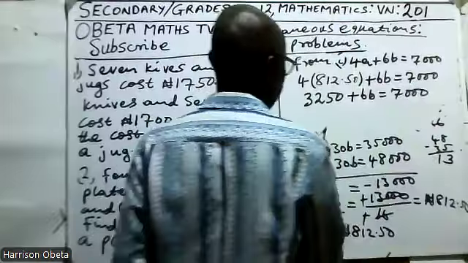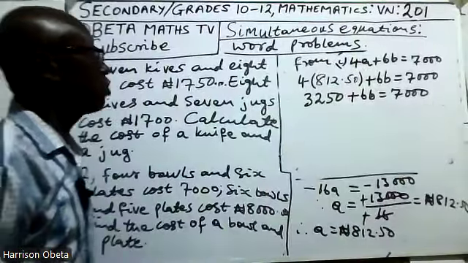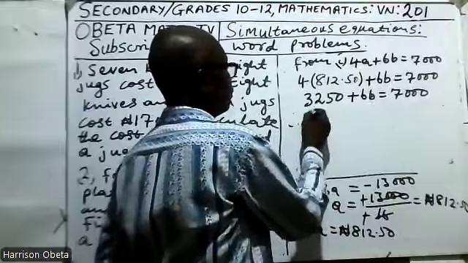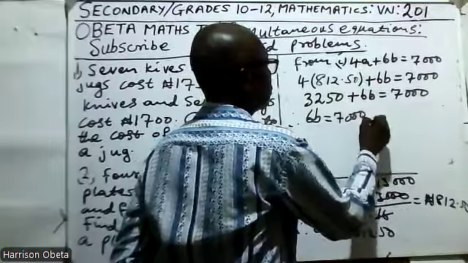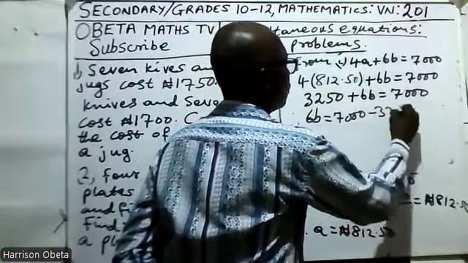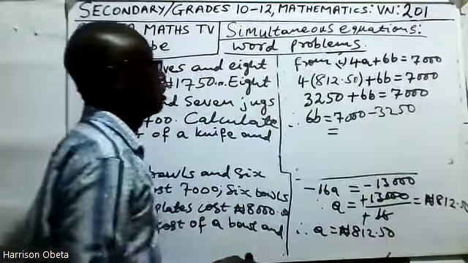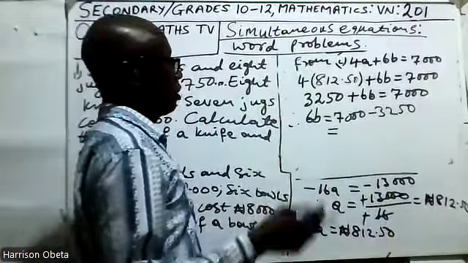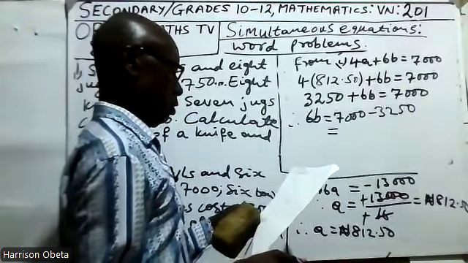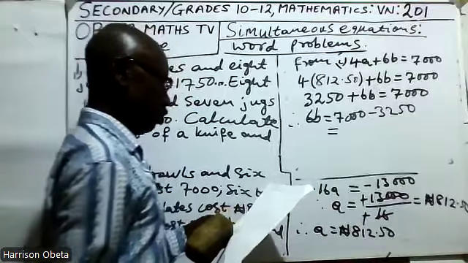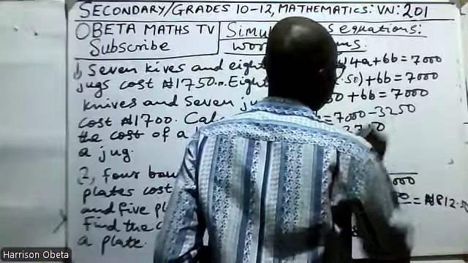And then you collect like terms. If you collect like terms, that will give us 6b will be equal to 7,000 minus 3250. Carry out the subtraction using your calculator, and you have 3750.